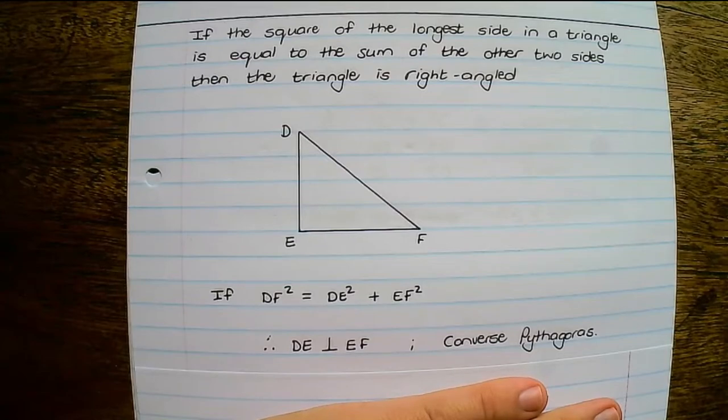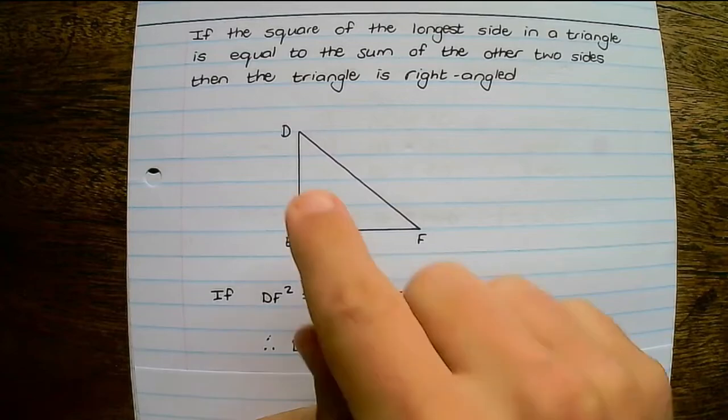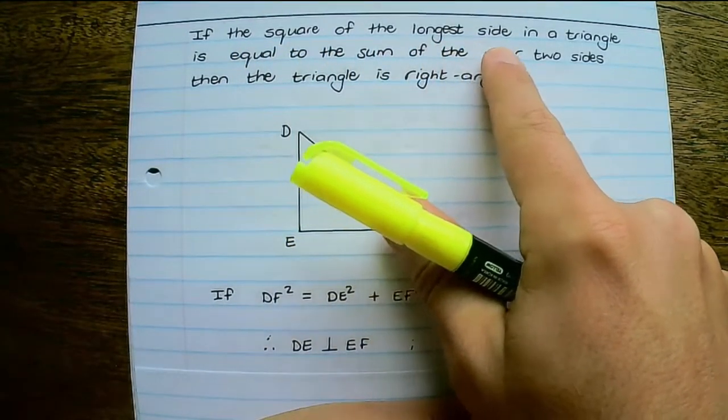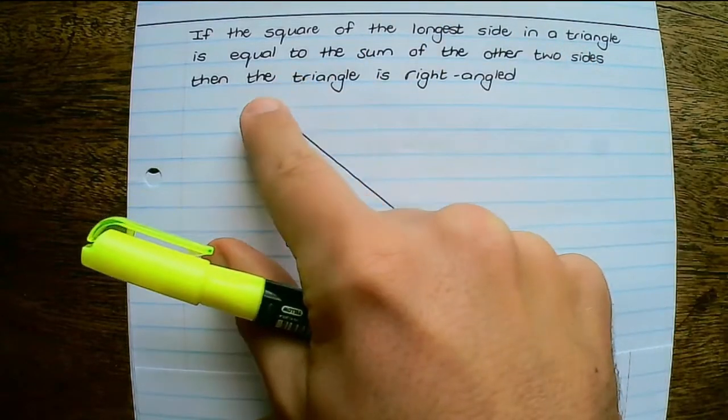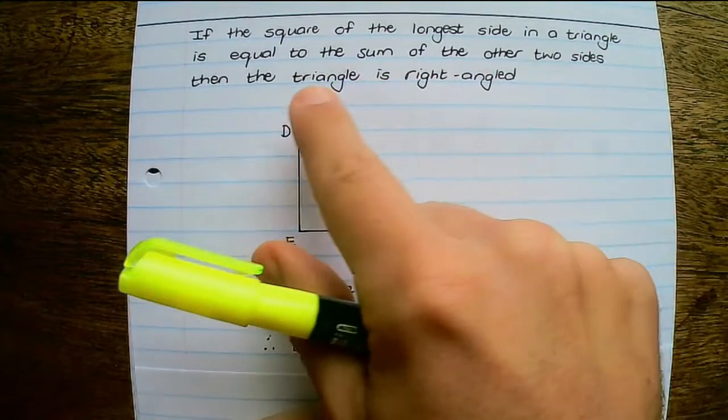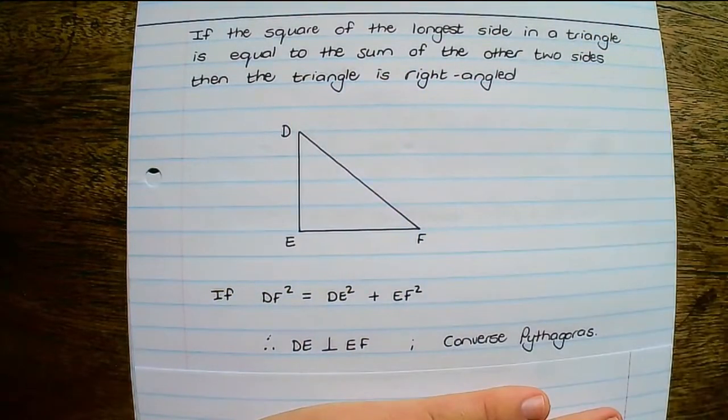Now the next one we don't see as often in homework or in examinations or assignments, but it is an important one to remember, especially if you go to your higher grades, grade 10, 11, and 12. It reads, if the square of the longest side in a triangle is equal to the sum of the other two sides squared, then the triangle is right angled.